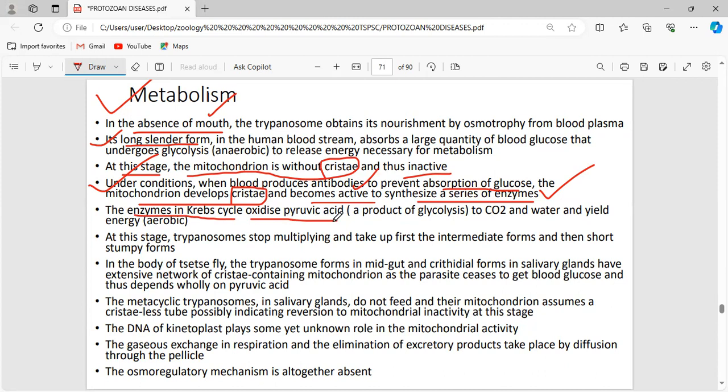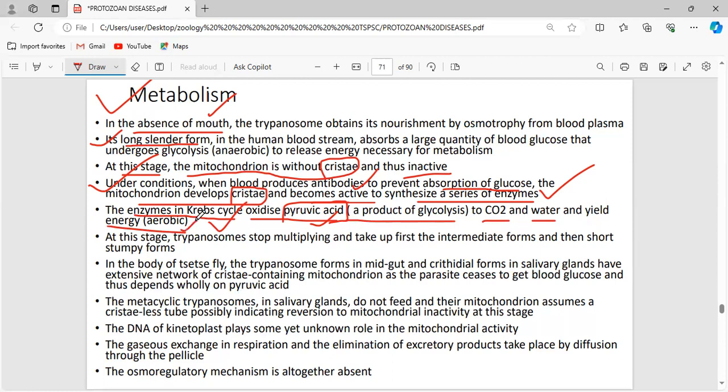That process is called glycolysis. Once the pyruvic acid is converted into another product, acetyl CoA, that is the Krebs cycle. In the Krebs cycle, they oxidize this pyruvic acid, the product of glycolysis, and once the pyruvic acid has been oxidized, it releases carbon dioxide and water and yields some energy.